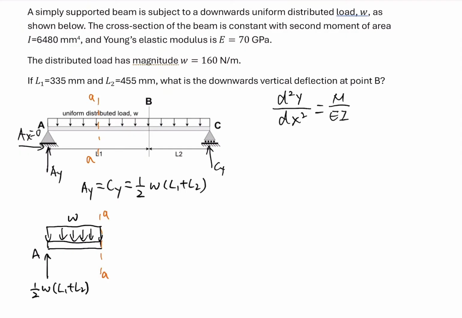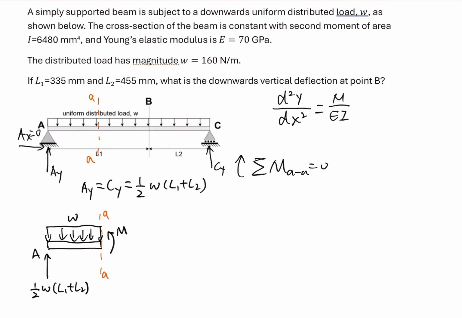At section A to A, we have a bending moment, the internal bending moment M. Now we write down the moment equation of equilibrium at section A to A, sum of M equal to 0.